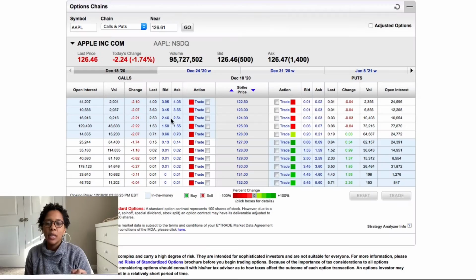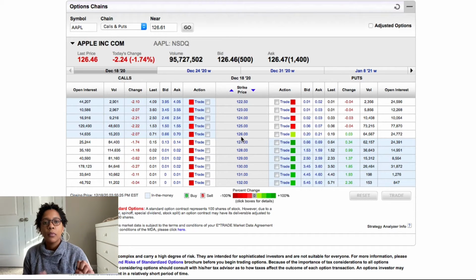Okay, let's say that you are expecting Apple stock to go to $136. So right now it's $126. You can say, I would like to buy this option contract that gives me the opportunity to buy 100 shares at $126. If you want to buy it, it will cost you 70 cents a share. If you wanted to sell it, it would cost you 66.